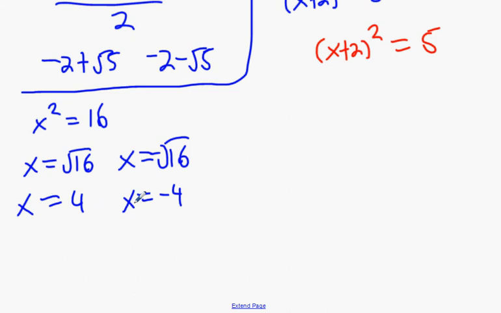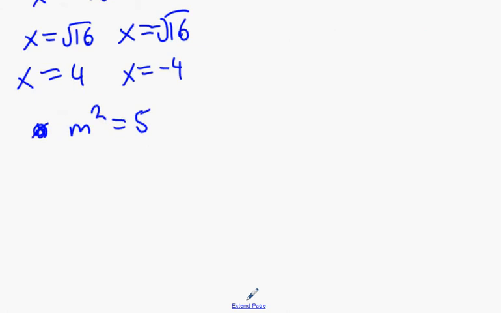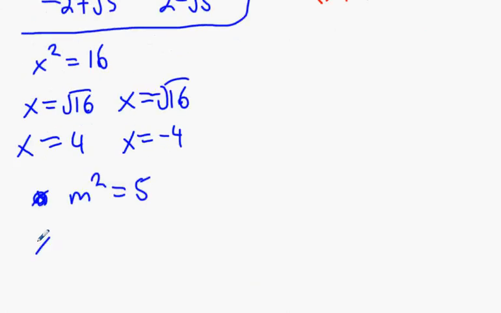Okay. Anybody stuck on that part? What happens if I had x squared, or another letter, m squared equals 5? What are the two answers? M equals minus root 5 and m equals plus root 5.